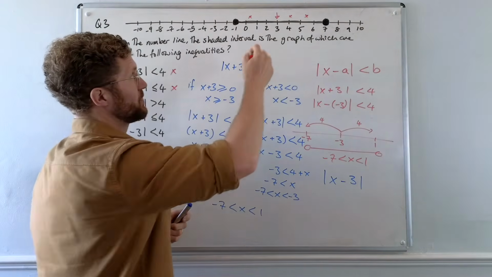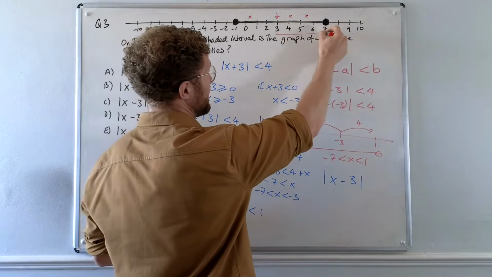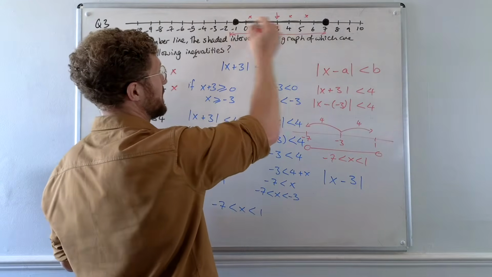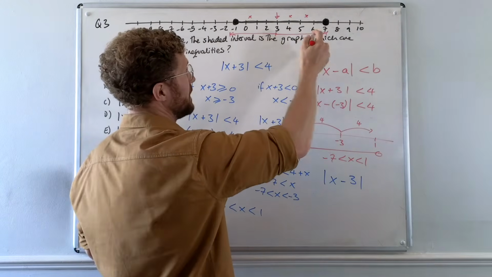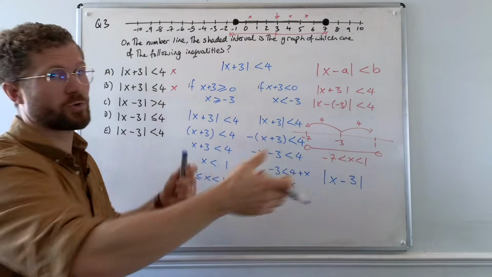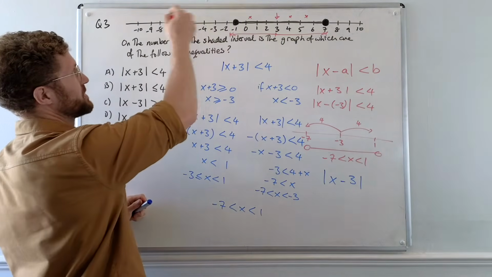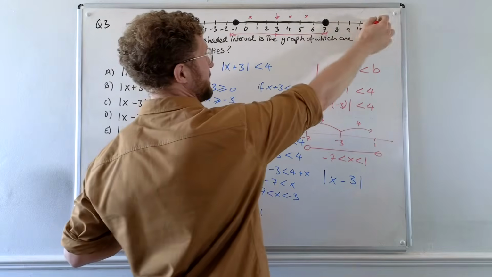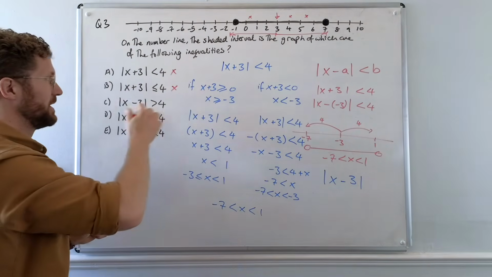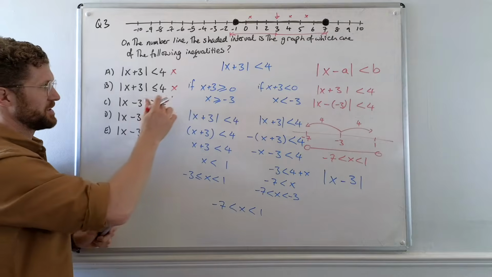The distance between x and 3 is definitely within these boundaries, and 7 and 1 are 4 either side. If C was right, then we would have shaded the outside bit. We'd have shaded out here and not shaded the inside bit. So it's definitely not x minus 3 is greater than 4.